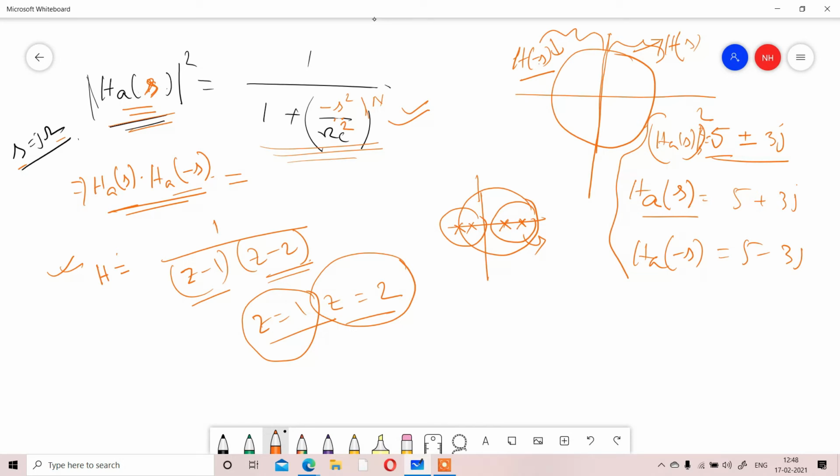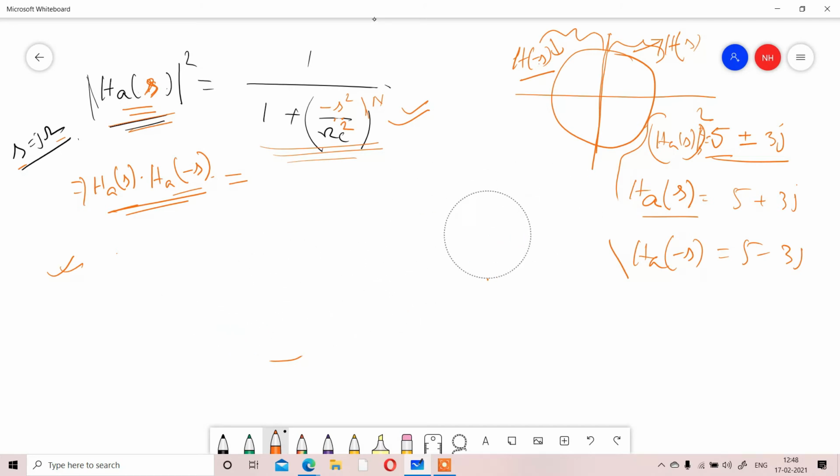Poles means, 1 plus (s by omega c) whole to the power 2n. Here you have to calculate the s by omega c, those are the poles you will get. So if you want to calculate that, how can you?